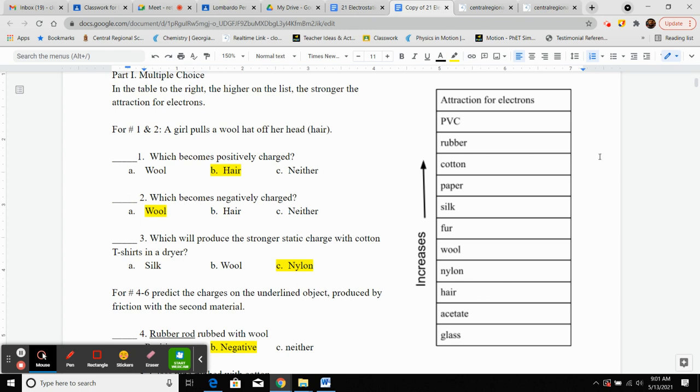Anyone below it, if the arrow was going this way, that would mean, oh, the dudes, as you go down, they have a stronger attraction for electrons. So if we said nylon was rubbed with glass, glass would be stronger, so it would become negatively charged. Nylon would be positive. If nylon were rubbed with anyone underneath it.